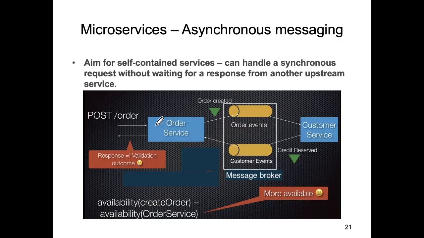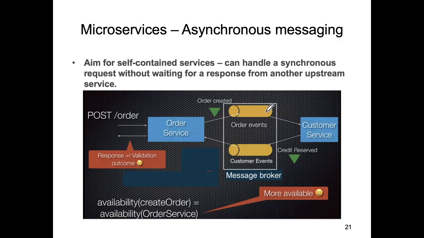And so now it means that when this order service needs to communicate with the customer service, it's using some sort of messaging channels. So a post request for the order comes in, and the order service sends a message to the message broker, or places a message, if you like, onto this queue here. And the customer service is listening to this queue for new messages.